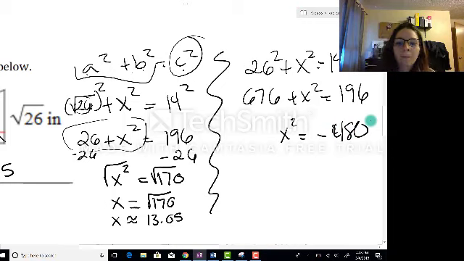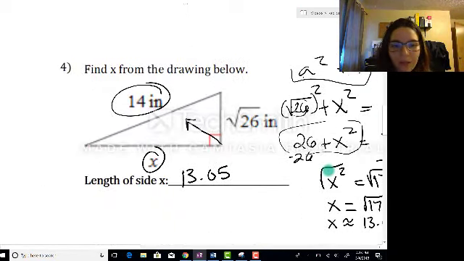Now, the reason why that doesn't make any sense is because you can't have a side length that's less than 0. So think about that for a moment. We're looking at lengths here. Whenever we're thinking of a length, it has to be greater than 0. Otherwise, it doesn't exist.